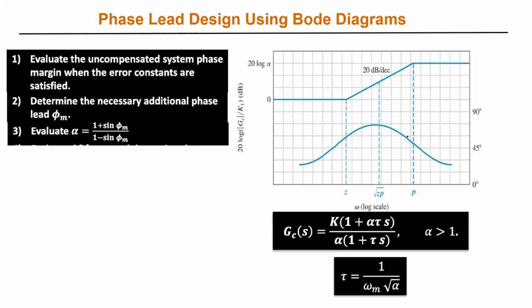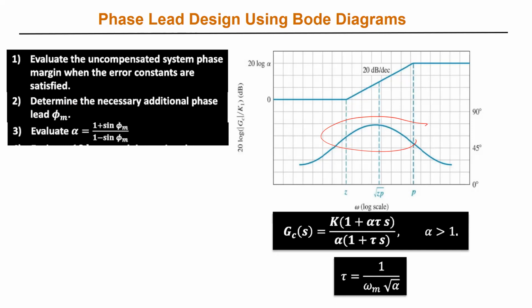Usually we said, remember, we need 30, so I must position it in the same place as the phase margin of the original system plus the 30. But by adding the 30, look at how much magnitude I'm going to add: 20 log A, extra gain.